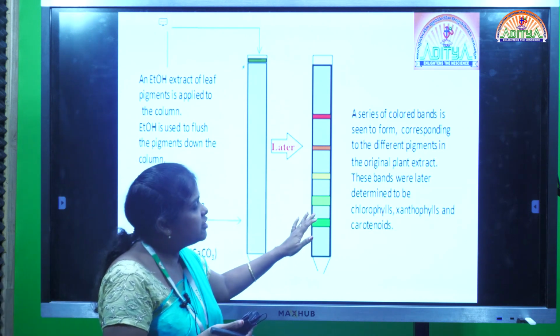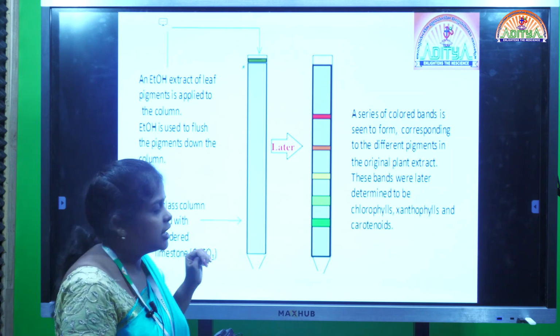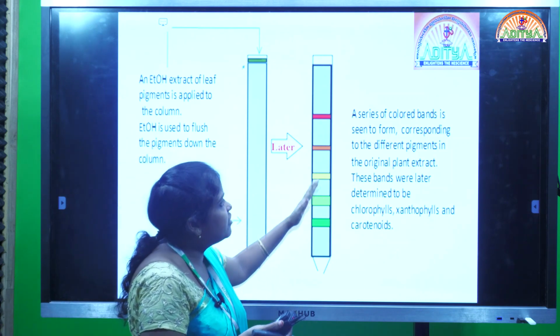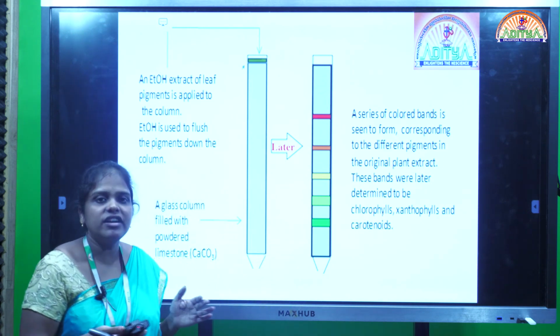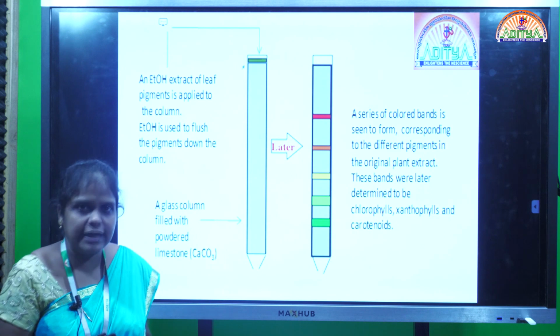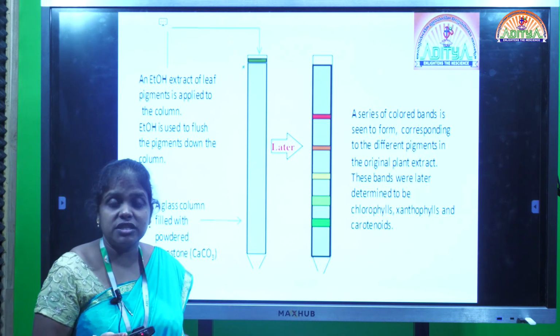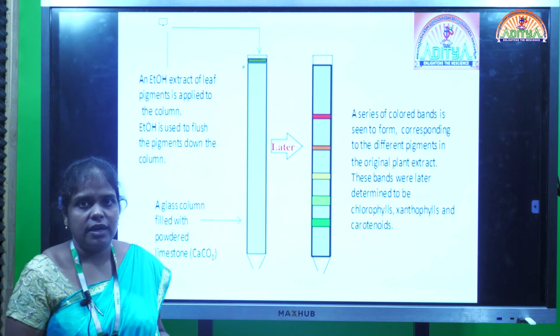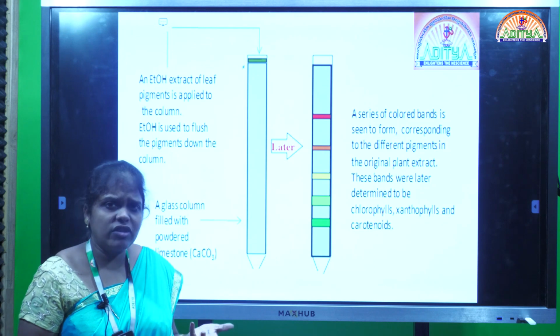Based on the different distribution ratios of the pigments present in that leaf extract, they formed different color bands. For example, the plant pigments are of different colors: chlorophylls which are green, xanthophylls which are yellow, carotenoids which are orange or red, and anthocyanins which are orange in color. So these are the different types of color pigments.